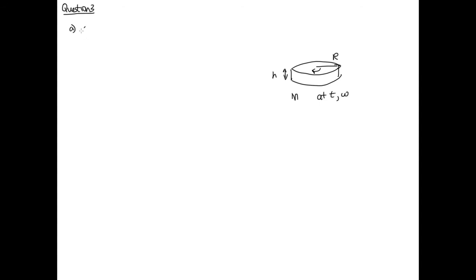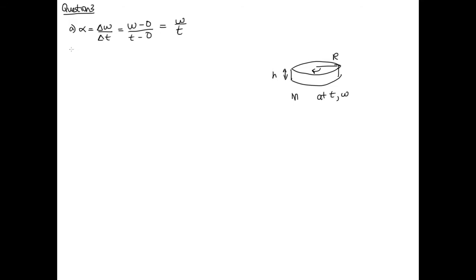Well, the angular acceleration is also just the change in the angular velocity over the time. So to get the change in the angular velocity, we do the final minus the initial, and to get the change in the time, the final time, which is t, minus the initial time, which was 0. So this is just equal to omega over t.